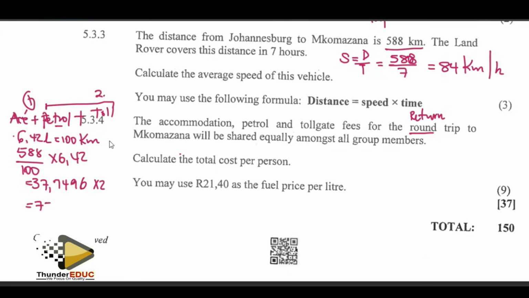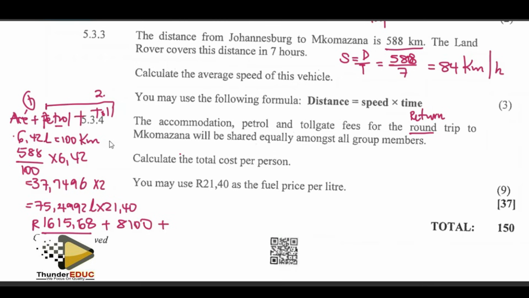We have 75.499. These are liters. We multiply by the money. How much do we need for the fuel? So fuel only, we need to spend 1,615 rand 68 cents. This is petrol plus accommodation, which is 8,100.